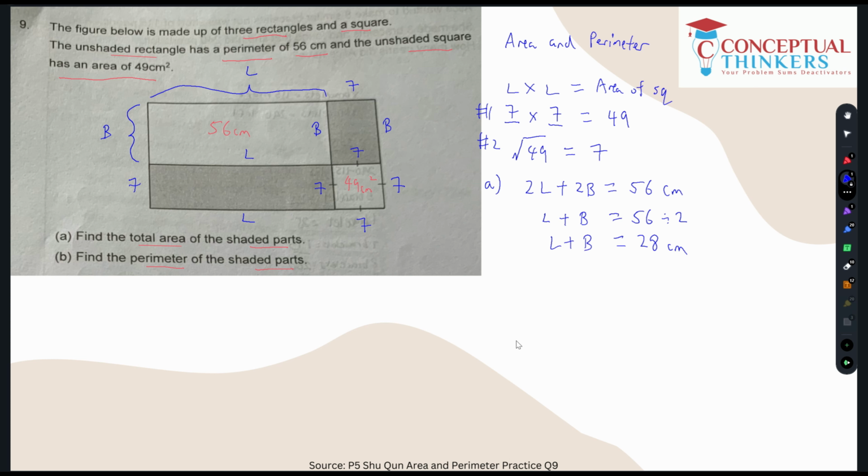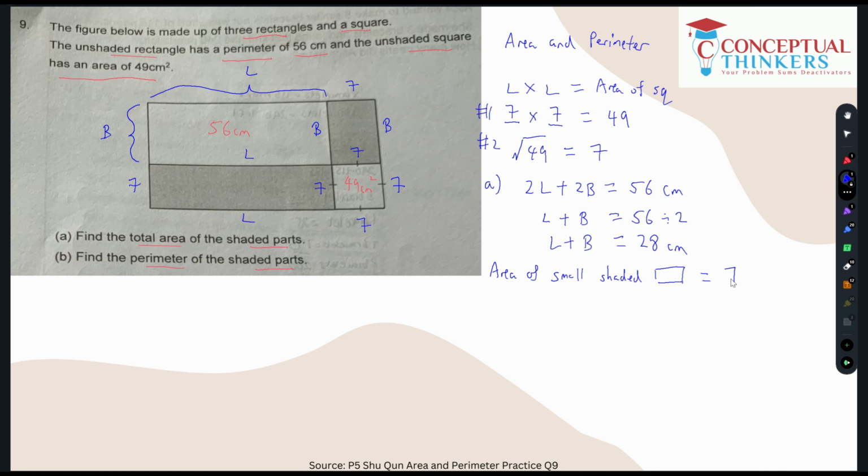Okay, so next, let's look at what should be the area of the small shaded rectangle. So I will write area of small shaded rectangle. So the calculation of this will be using length times breadth, right? So let's call 7 as the length.